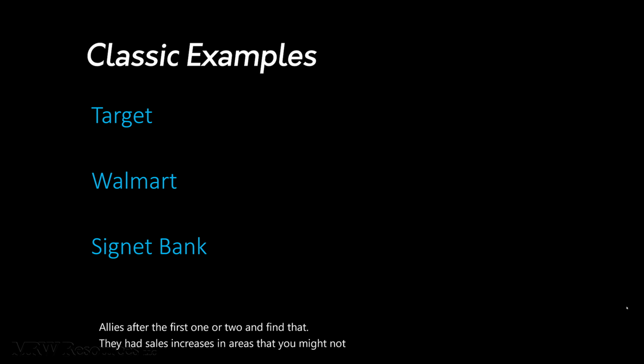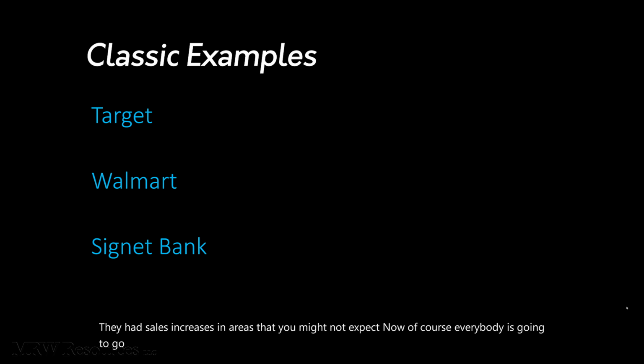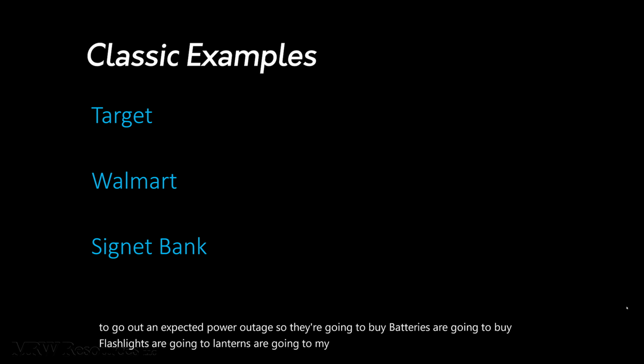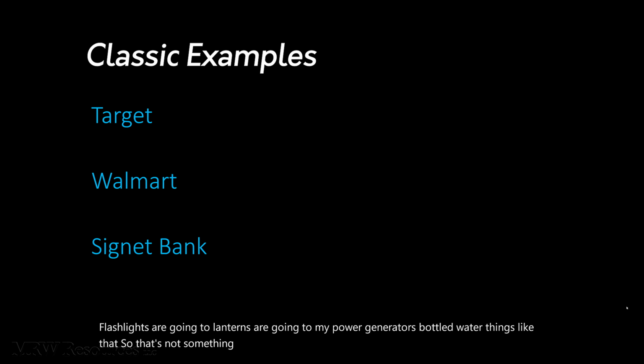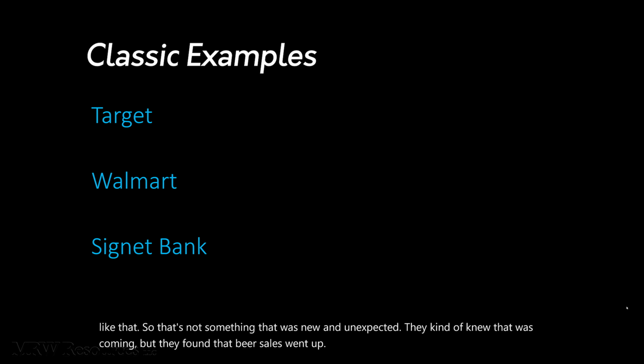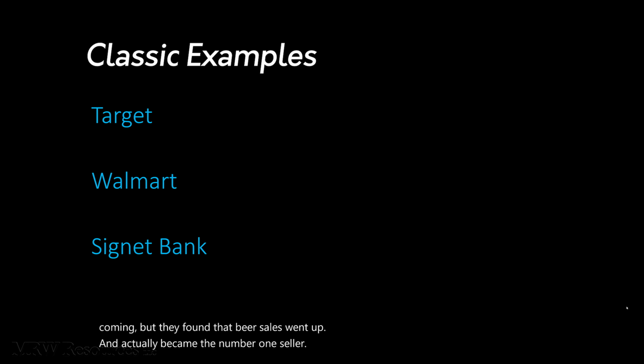Now, of course, everybody's going to go out and expect a power outage, so they're going to buy batteries, flashlights, lanterns, power generators, bottled water, things like that. So that's not something that was new and unexpected. They kind of knew that was coming, but they found that beer sales went up and actually became their number 1 seller. And interestingly, Pop-Tarts.